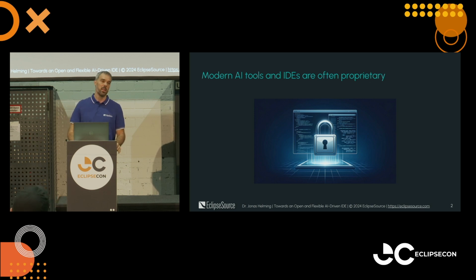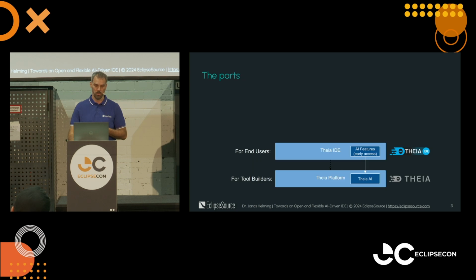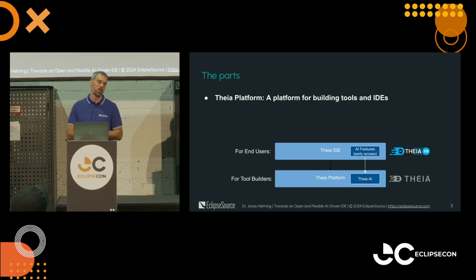Before I present the vision, I quickly would like to introduce four components that play a role today, so that you are aware of what I'm showing you. These are the parts that my demo consists of. The first thing is the Theia platform, in case you don't know that.